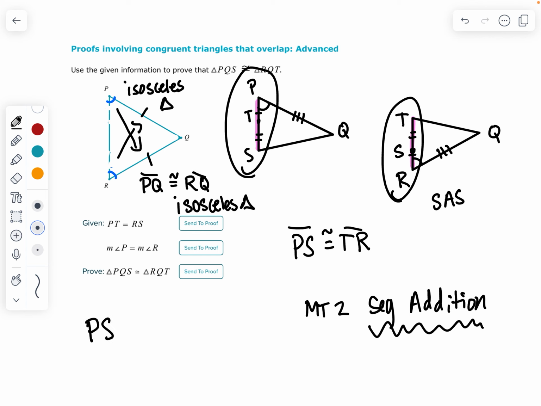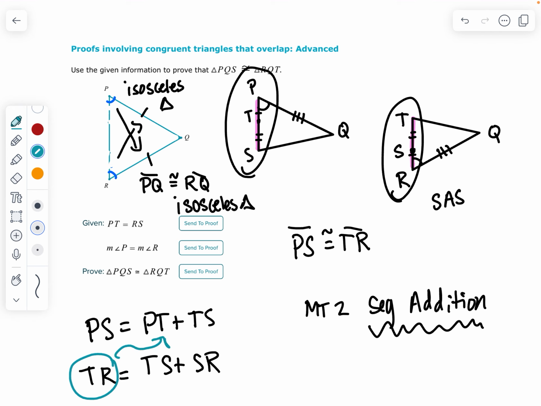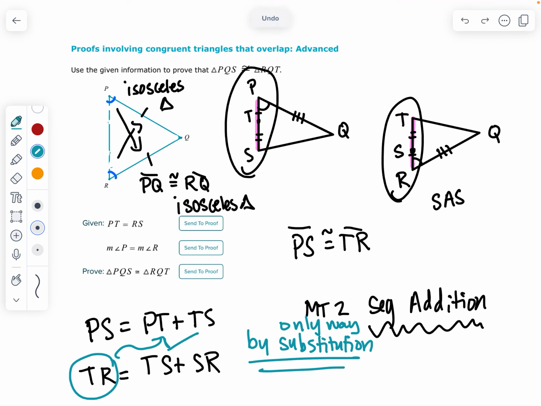When we say PS equals PT plus TS and TR equals TS plus SR, the only way we can put this up here is by substitution. That's the only way. And this is already there. So we're almost there. Is SR the same thing as PT? They tell us it is.